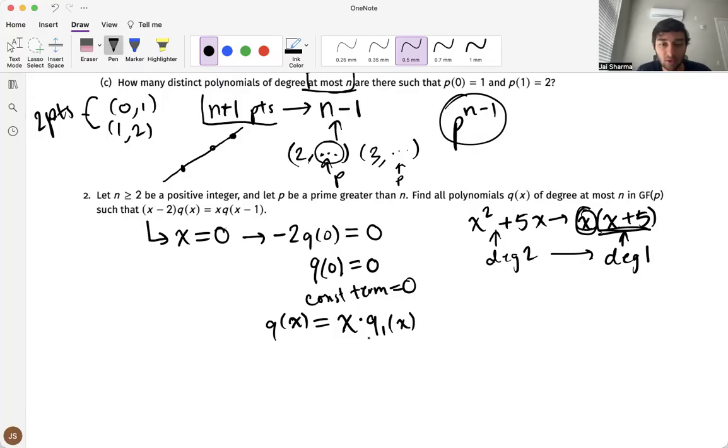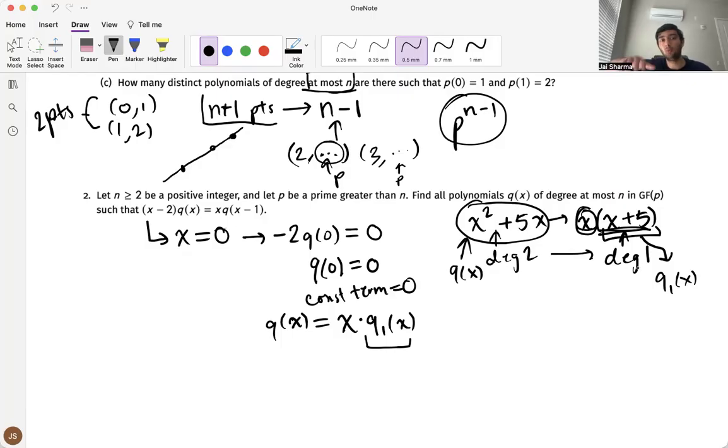In this example, this would be q of x, and this thing right here would be q1 of x. Basically, it's degree 1 lower. If this is degree n, then this would be degree n minus 1 because you take out the x right there.